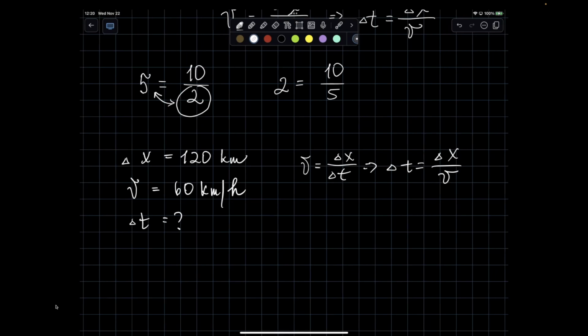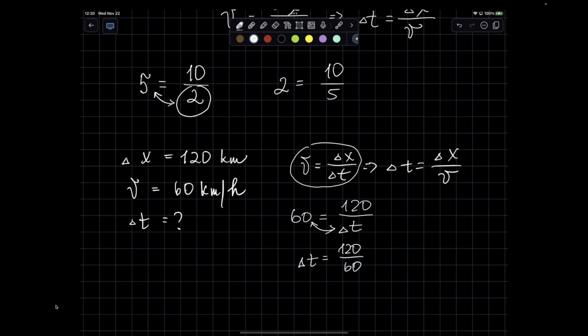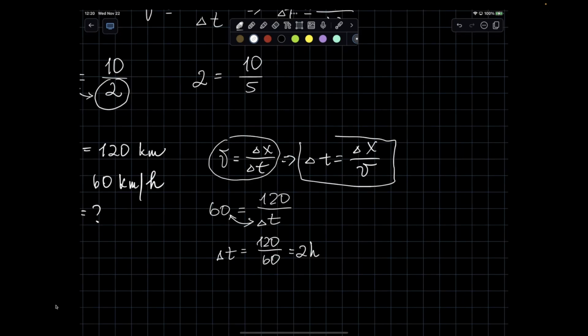You are welcome to stick to your formula like this and work with numbers first. You would say 60 equals 120 over change in t, swap, and that gets your change in t is 120 over 60, 2 hours. As you get more comfortable with variables in the forms of letters rather than numbers, you can go straight to change in t equal 120 over 60 equals 2 hours.